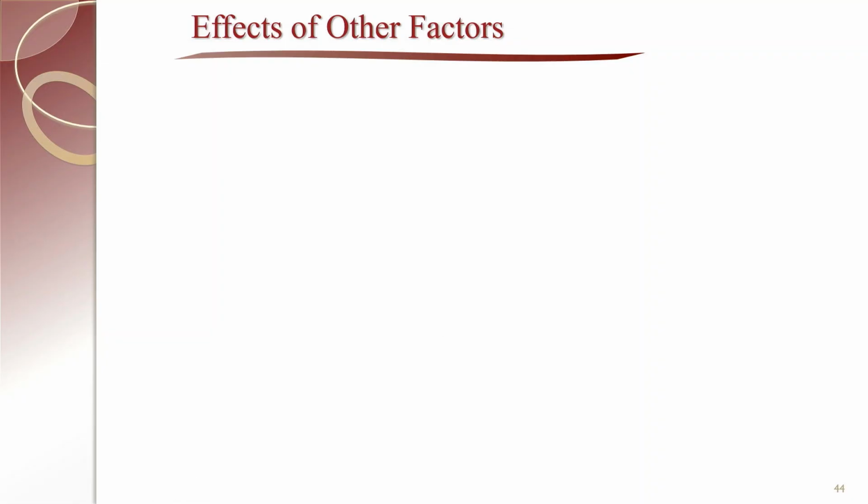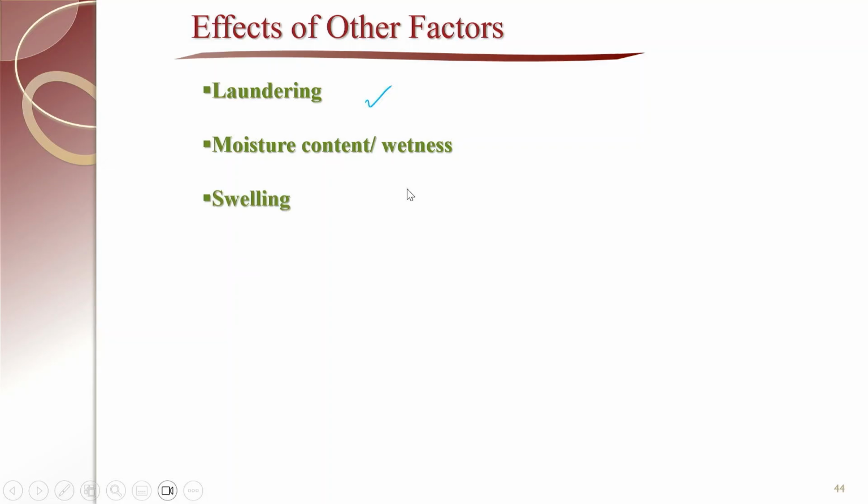There are different other factors. Laundering affects the UPF value. Moisture content and wetness affect it, and swelling also affects it. If the fiber swells, it will block the pores and the UPF may increase.